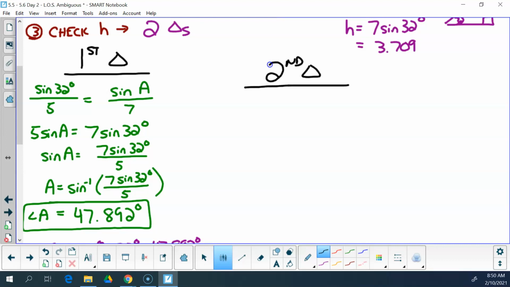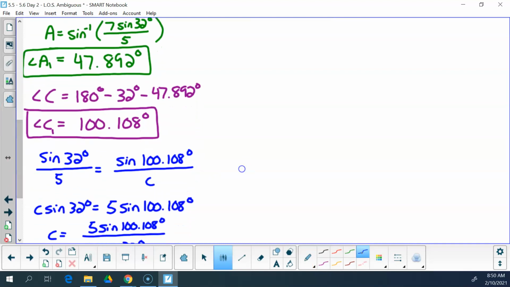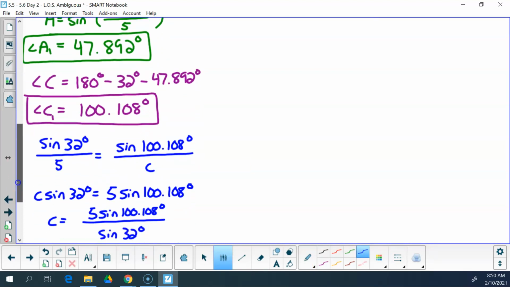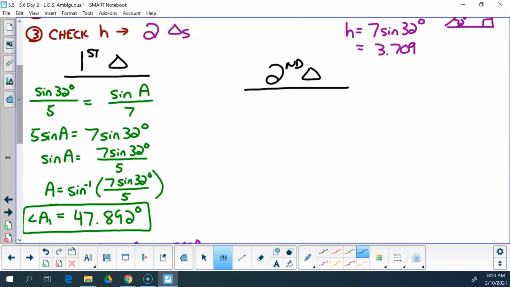So how we find triangle number 2, we should go back and put all of these as sub 1s, because those are all of the first triangle. Yeah? So triangle number 2.